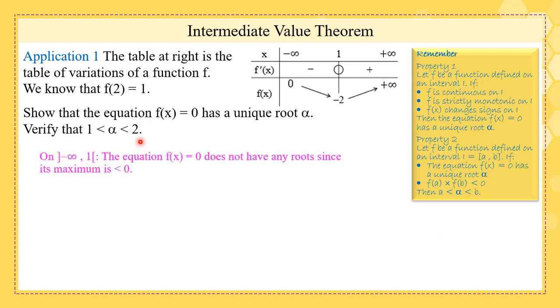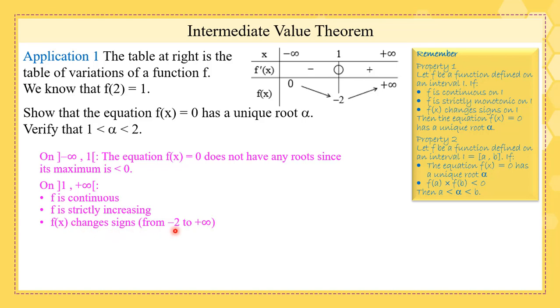Let's see the answer. Well, on the interval negative infinity to 1, we can see that the equation f of x equals 0 doesn't have any roots since its maximum is less than 0. This is its maximum, and remember here that 0 is not attained. On the interval 1 to plus infinity, we can see that f is continuous, f is strictly increasing, and f of x changes signs from negative 2 to plus infinity.